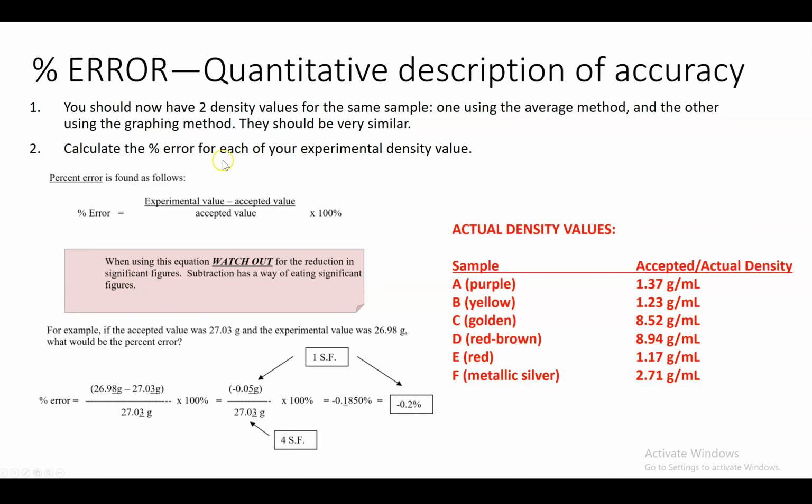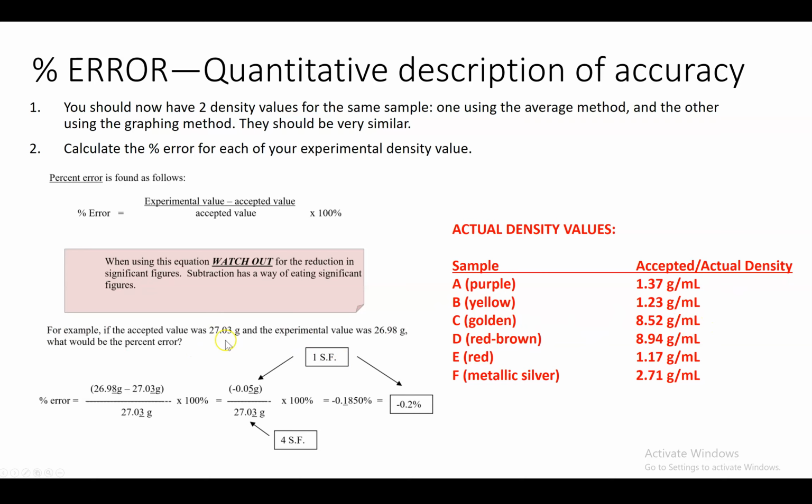You then compare that with your experimental value. Depending on the sample assigned to you, these are the accepted or actual densities over here. So please refer to this table to figure out the accepted or actual density of your sample. Okay, and here is a sample calculation.